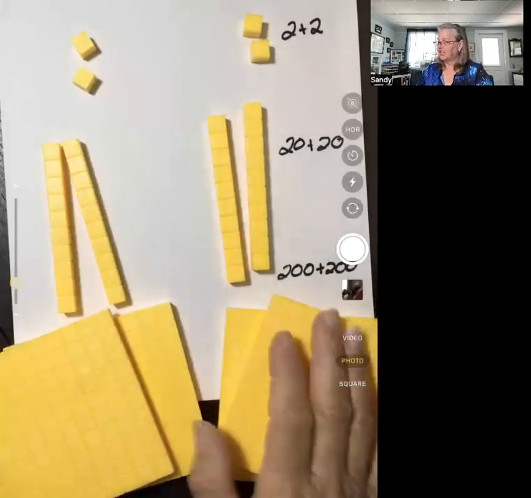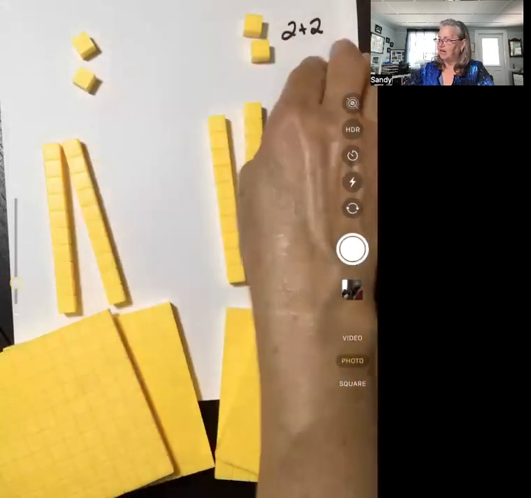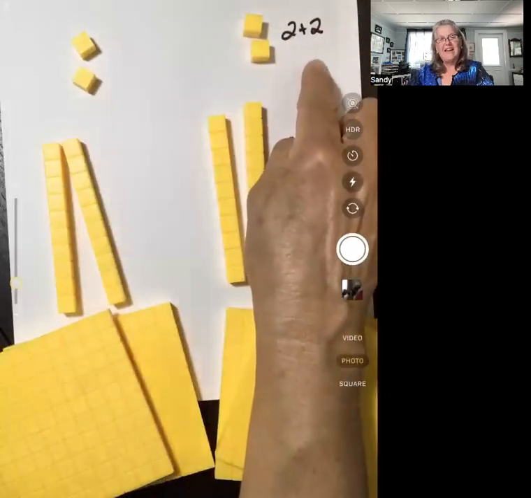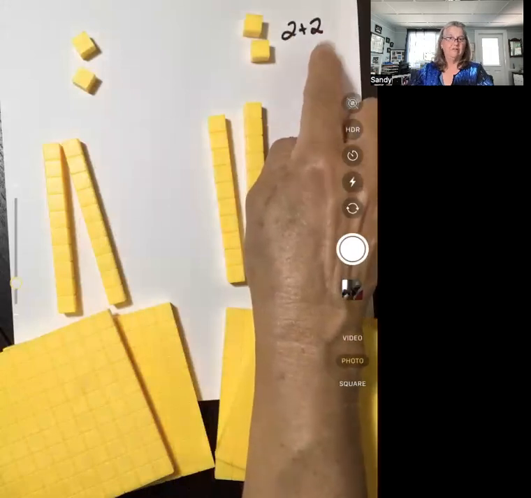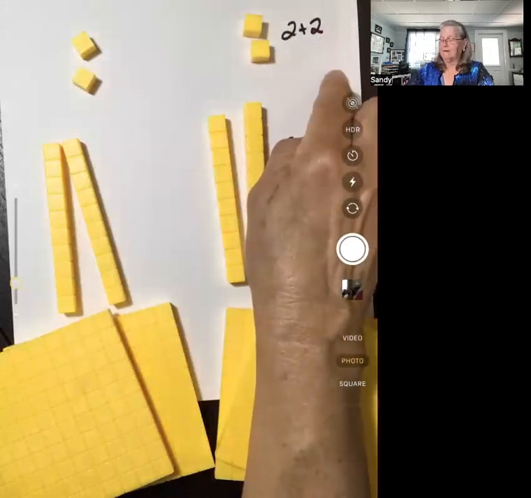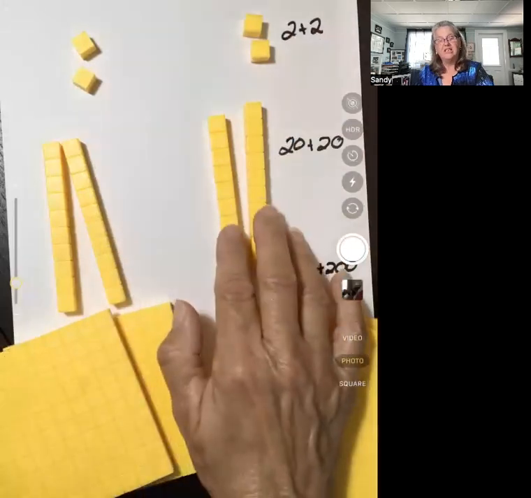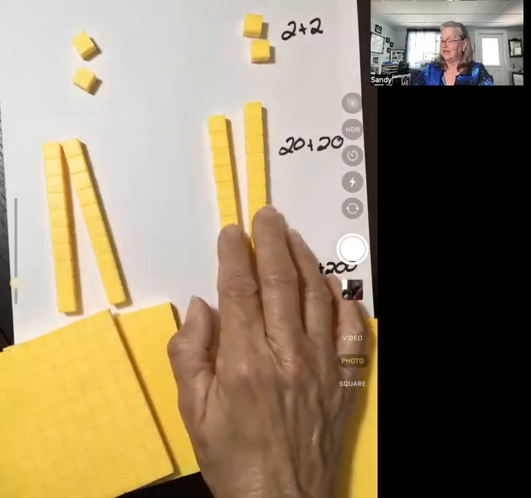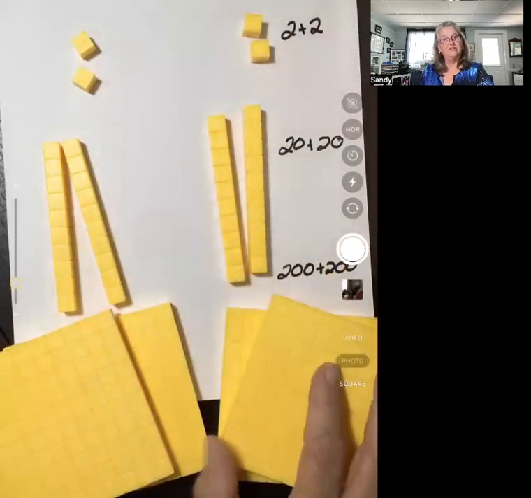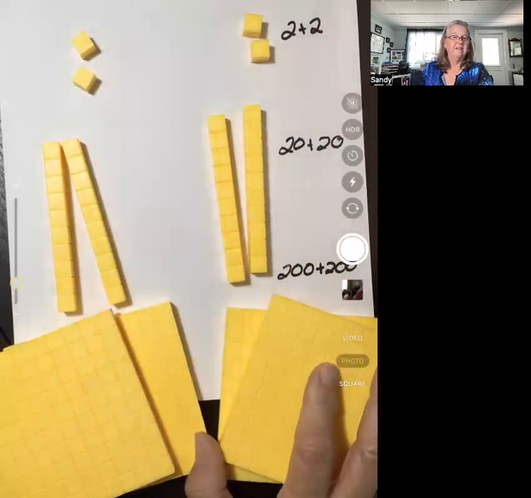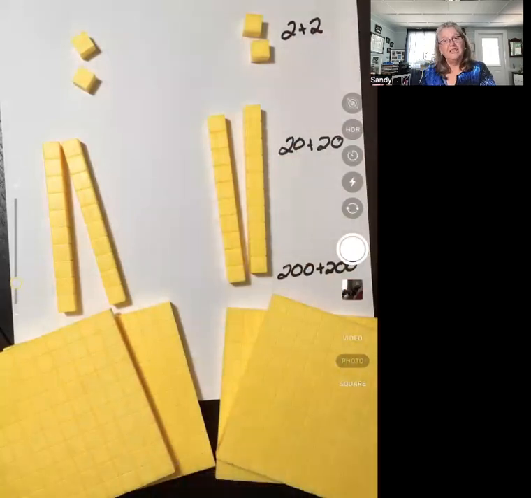So foundationally, we can use what they know here at the early fact level to say, well, if 2 plus 2 is 4, 2 tens plus 2 tens is 4 tens or 40, 2 hundreds plus 2 hundreds is 4 hundreds or 400, and I can keep going up into thousands, 10,000s.